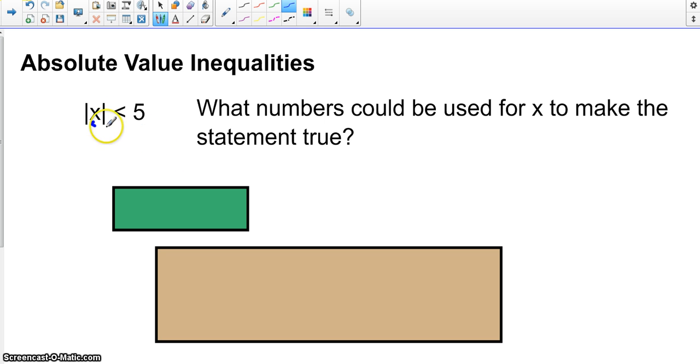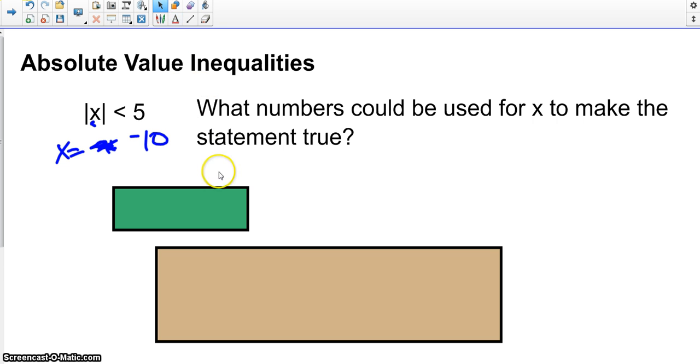But if I get too big of a negative number, like could x be equal to negative 10? Well, I don't think so, because when I take the absolute value of that, I'll get a positive 10, so that is not less than 5, all right?